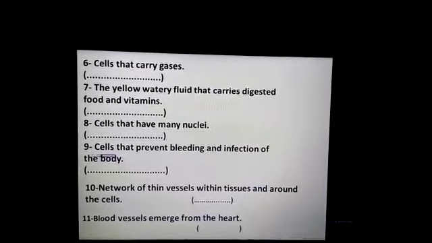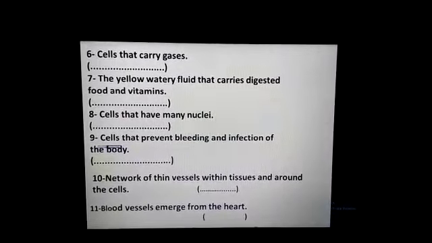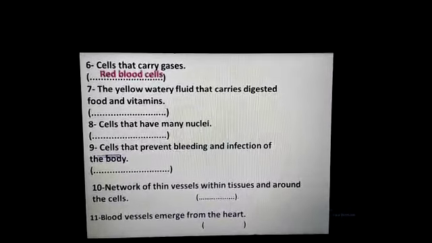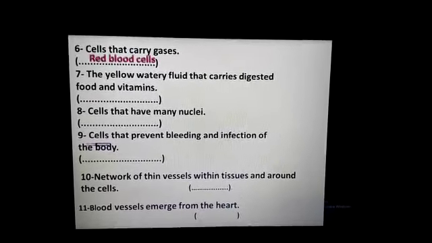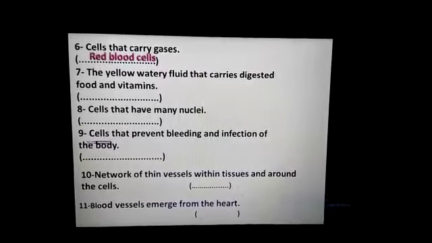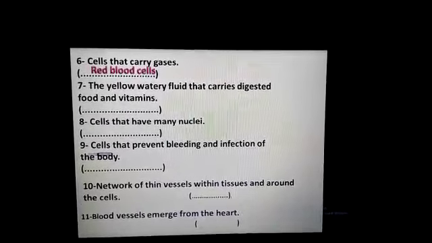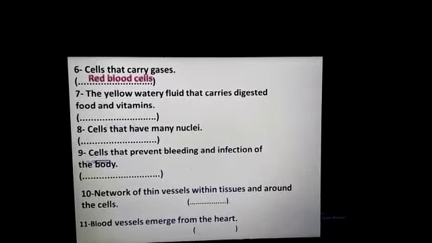Number six, cells that carry gases. Which component of the blood carries gases? Red blood cells. Number seven, the yellow watery fluid that carries digested food and vitamins. Which component in the blood, which is a liquid component, carries digested food and vitamins?